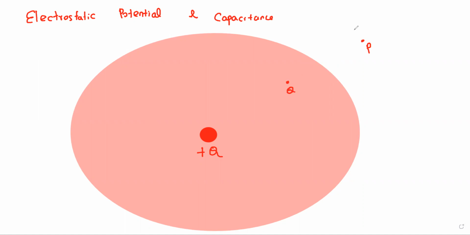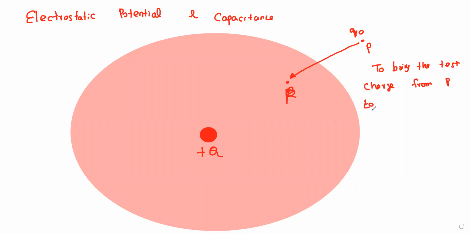So I want to bring a test charge Q0 from P to Q. Let this be small q, or we can say this is R, because this Q may be confused.